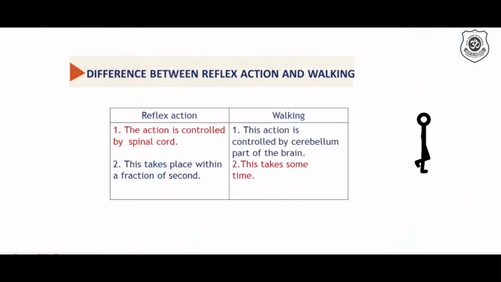So that is the main difference between reflex action and walking. So the spinal cord is involved in reflex action, and here the brain is involved, and the part of the brain is the cerebellum. Now next, reflex action happens in a quick span of time, whereas walking will take some time for the body to react.